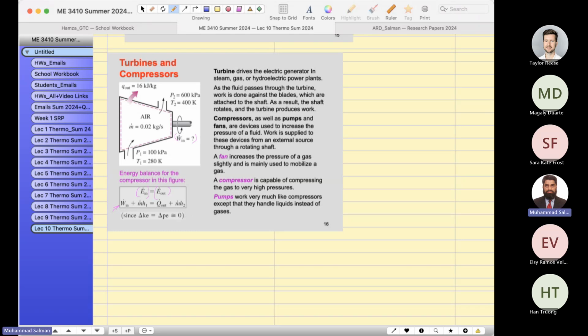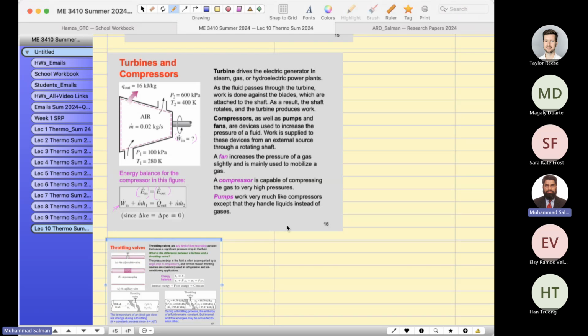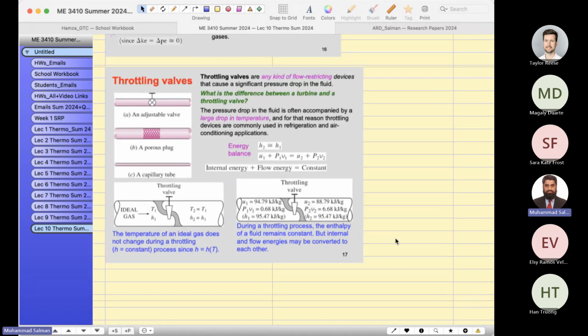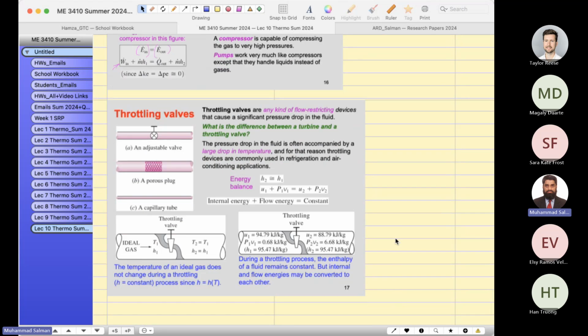And the next slide is telling you about another device, which is the throttling valve. Throttling valves are heavily used in our HVAC system, refrigeration, and air conditioning, where the capillary is a very small tube, and when the fluid passes through the small tube, it reduces the pressure as well as the corresponding temperature.